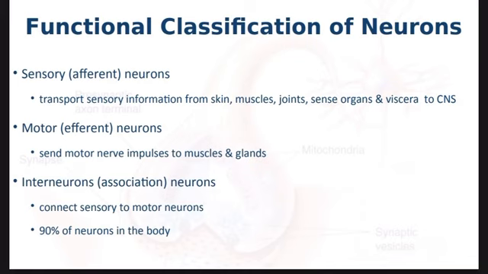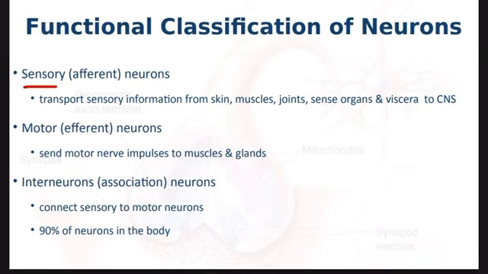So, the functional classification of the neurons. Again, with everything there are different functions for every neuron. If you remember from the revision, we have sensory, which we call afferent neurons.